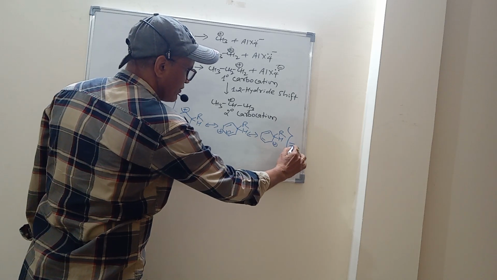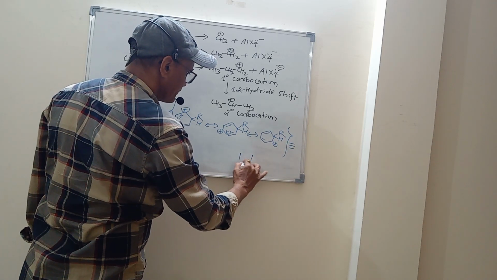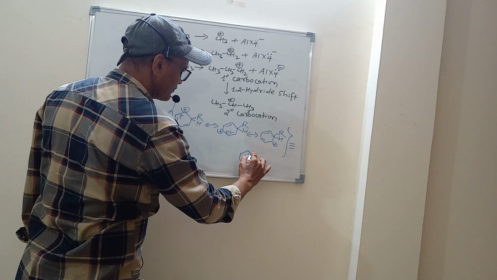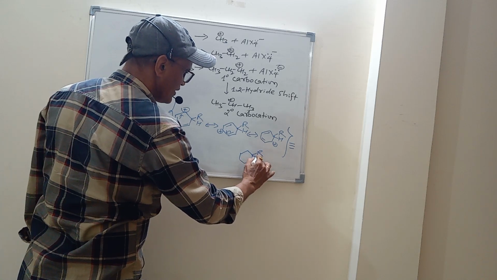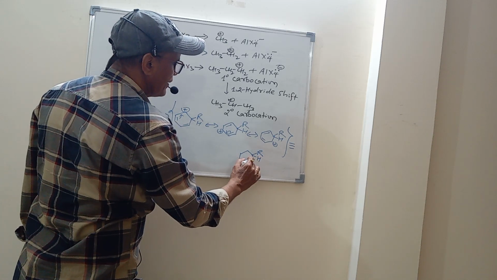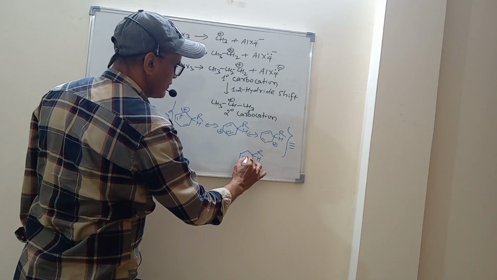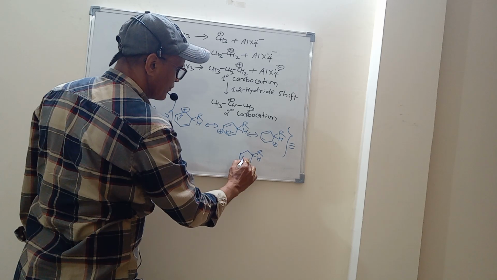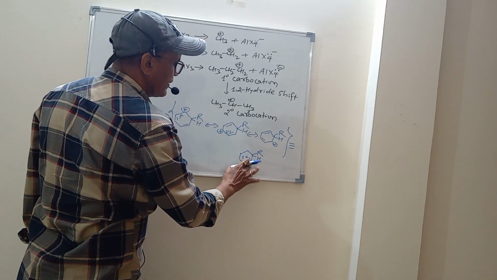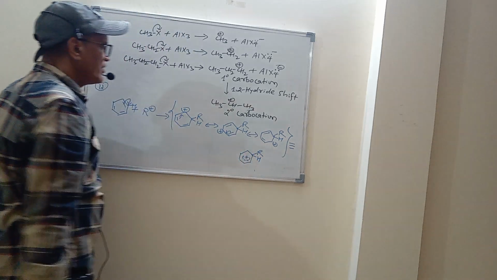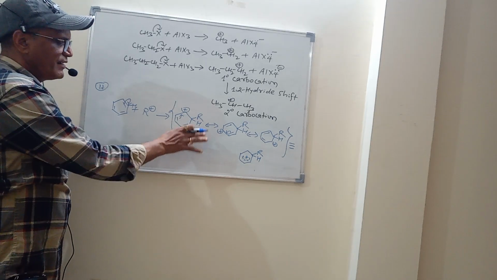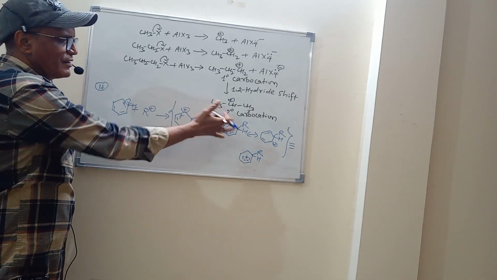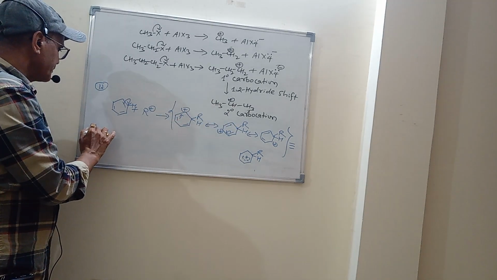And equivalent of these three will be this R, that is this Wheland intermediate, and in the final step this removal of proton will be there.